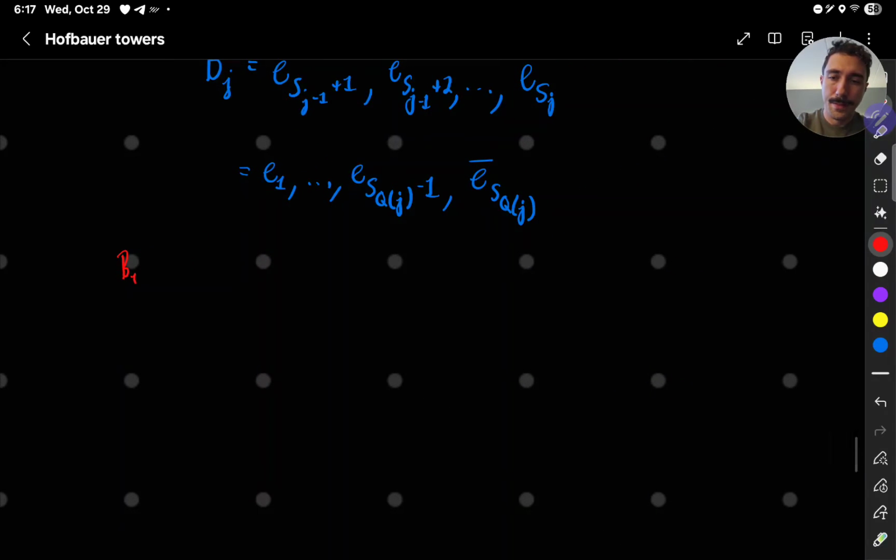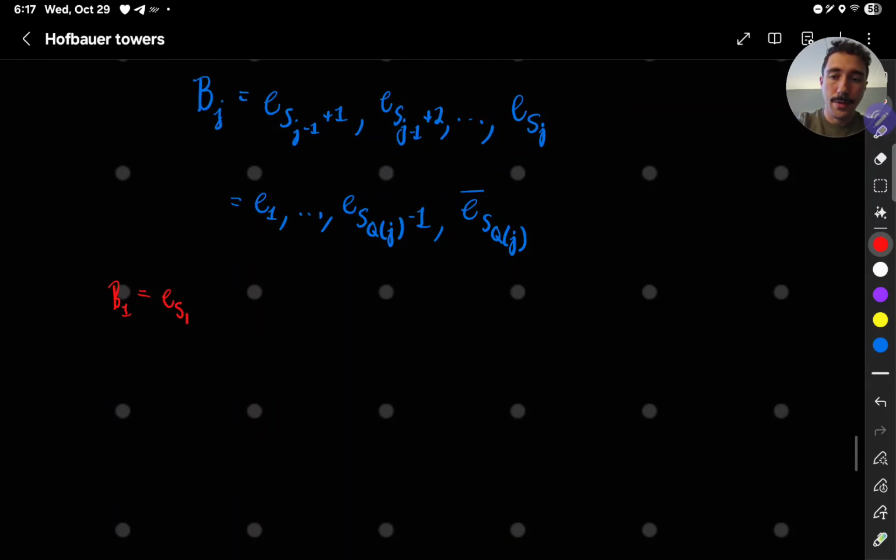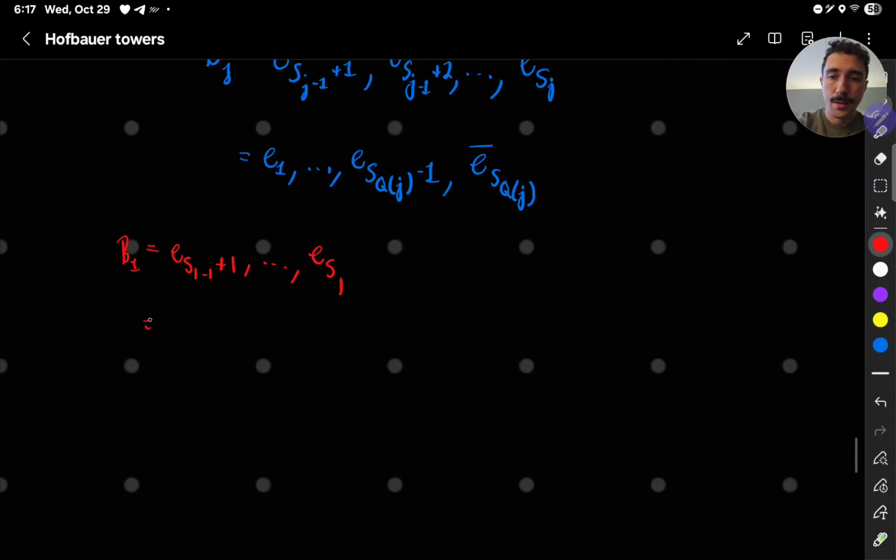So B1 is E S1 minus 1 plus 1 to E S1 at the end, and that's going to be E1 up through ESQ1 minus 1, and then pivot ESQ1.